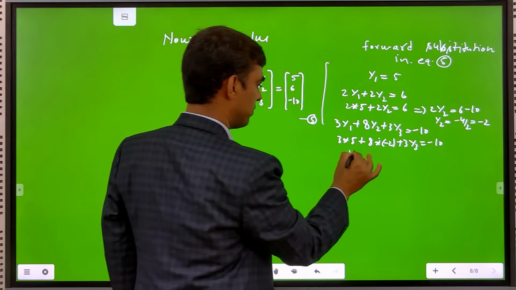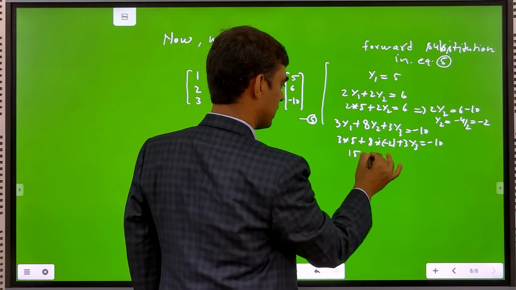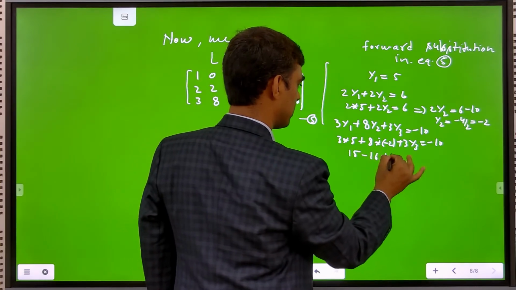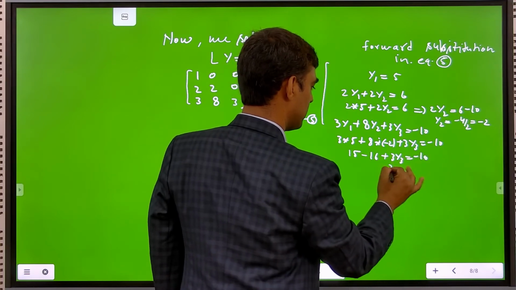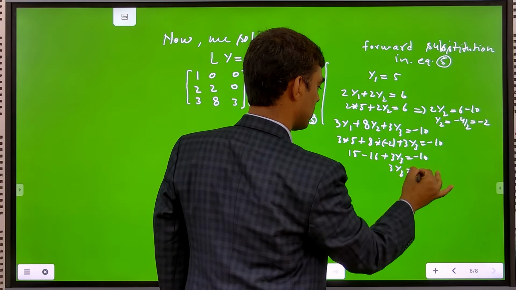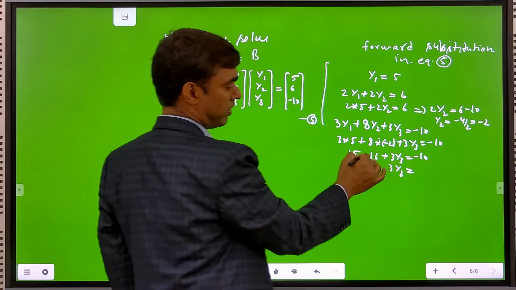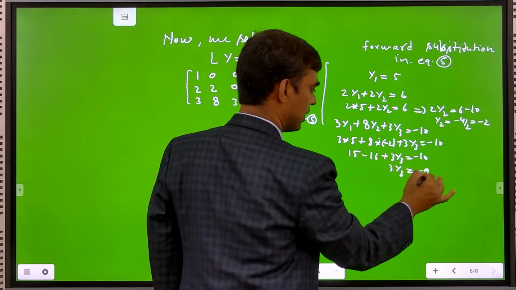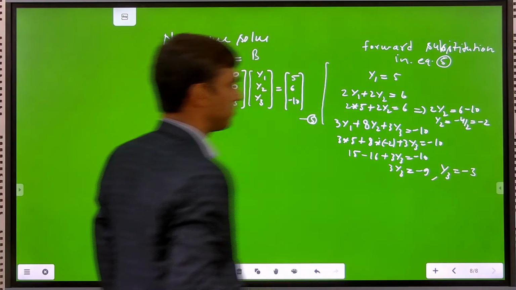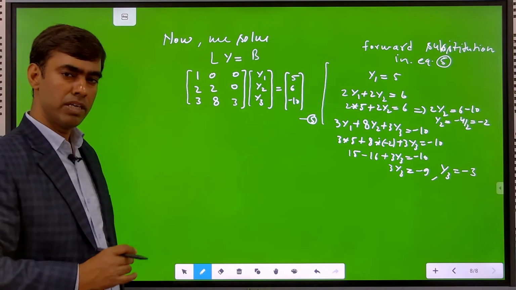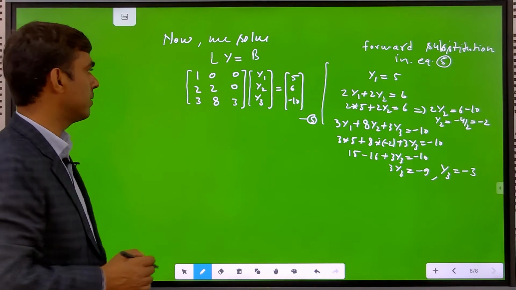This becomes 15 minus 16 plus 3y3 equals minus 10. Then 3y3 equals minus 10 plus 1, which is minus 9, so y3 equals minus 3.